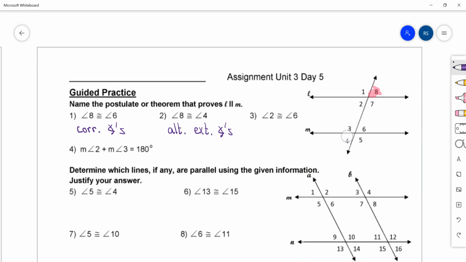Then we're asked about 2 and 6. Those are on opposite sides, so we're going to say alternate. And then are they inside or outside the parallel lines? They're inside, so alternate interior angles.